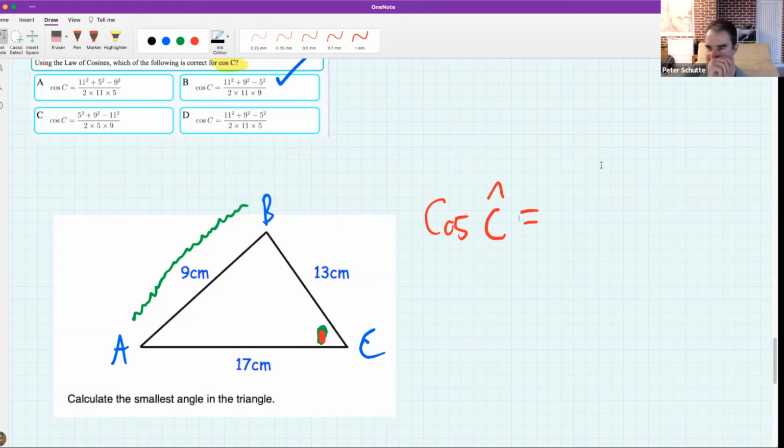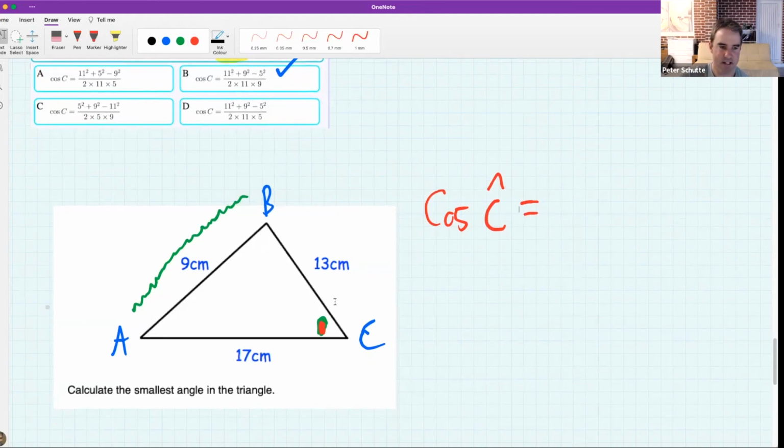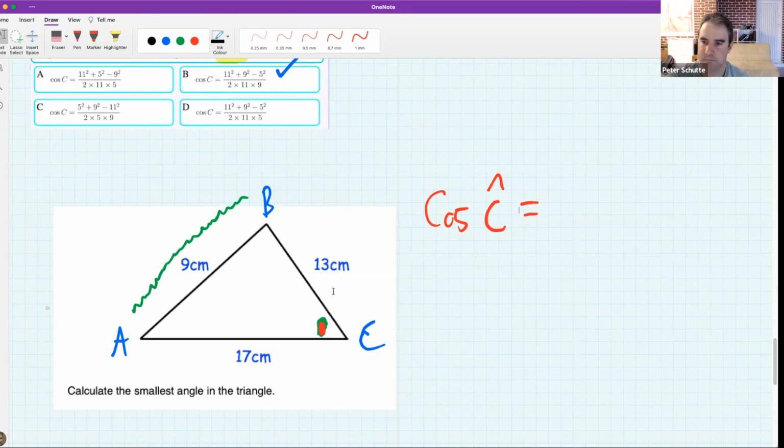Now, I want to finish this lesson. I want you guys to find what C is. Yes, Rafiwe, that was insightful. Thank you very much. Okay.